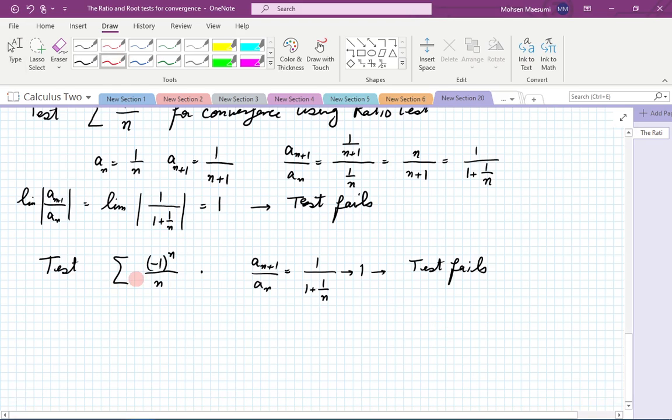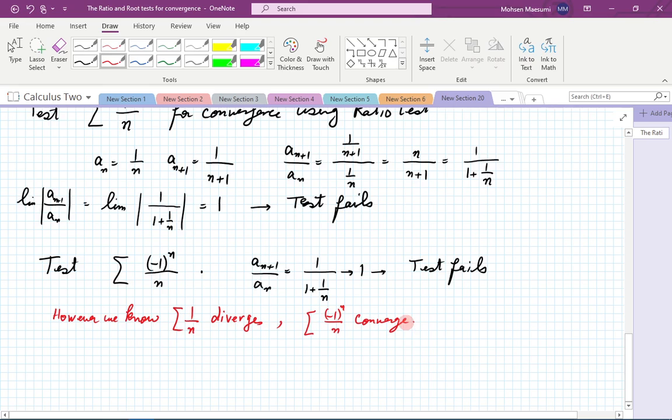So the ratio test is moot in both cases. However, we know from some other test that 1 over n diverges, and if you alternate it, it does converge.